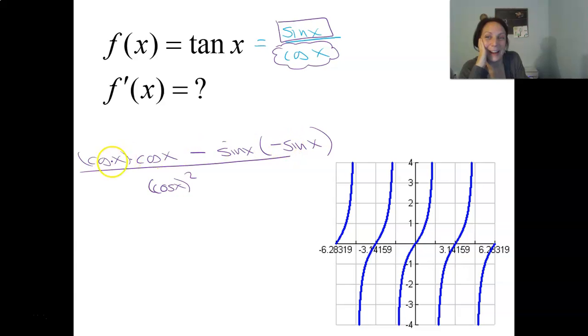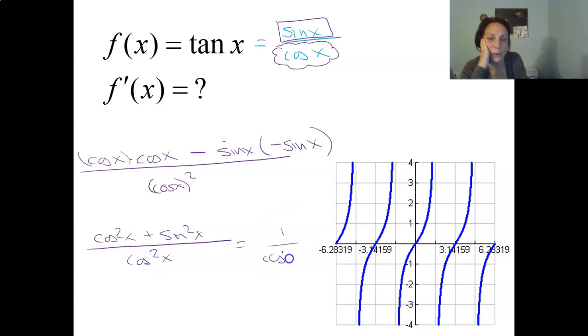And check out what I have. In my numerator, I have a cosine squared x plus a sine squared x. In my denominator, I have a cosine squared of x. So this ends up being 1 over cosine squared of x. And you might say, wait a minute, I know a fact. 1 over cosine is its own trig function. That's secant. So guess what?